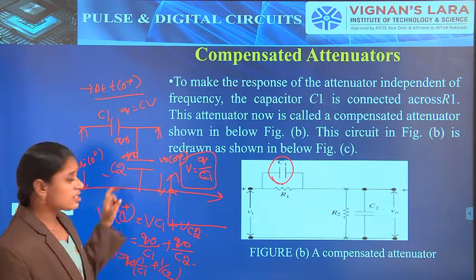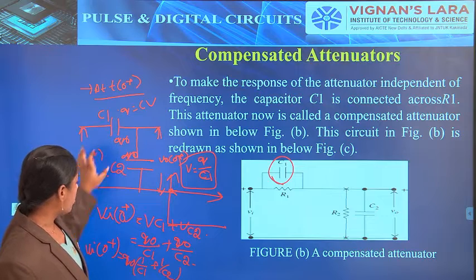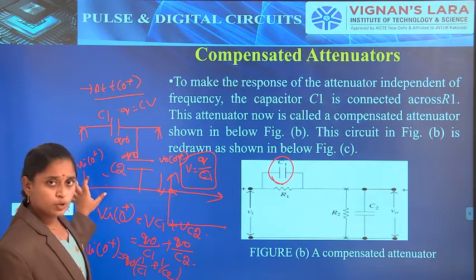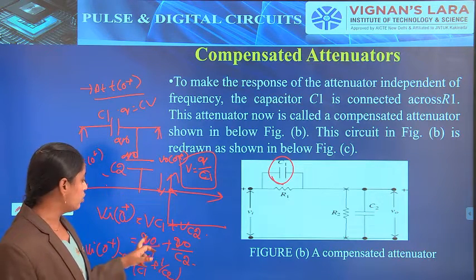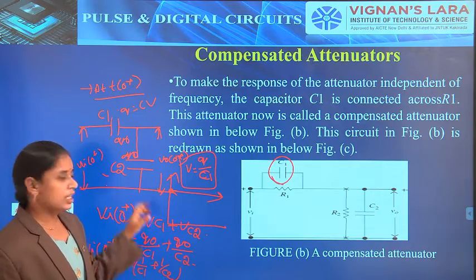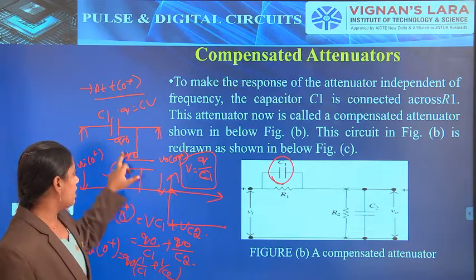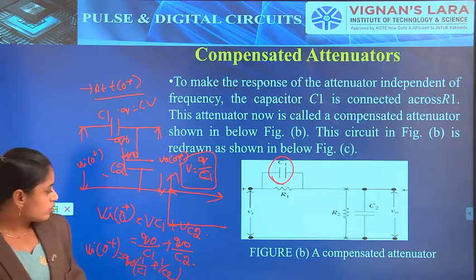Then, as we know, the input voltage Vi of 0 plus is equal to Vc1 plus Vc2, the voltage across this capacitor and the voltage across that capacitor.